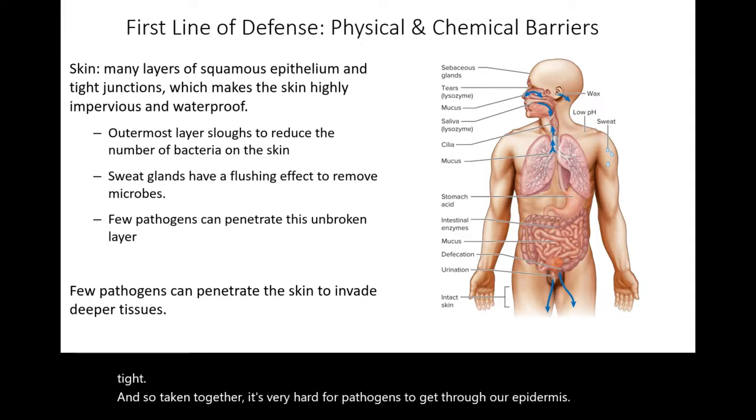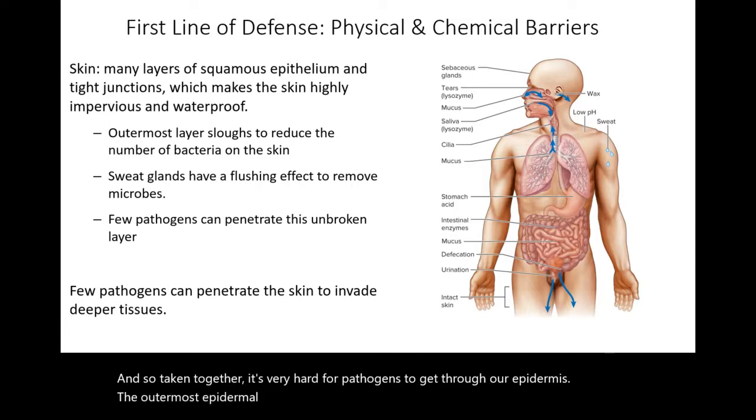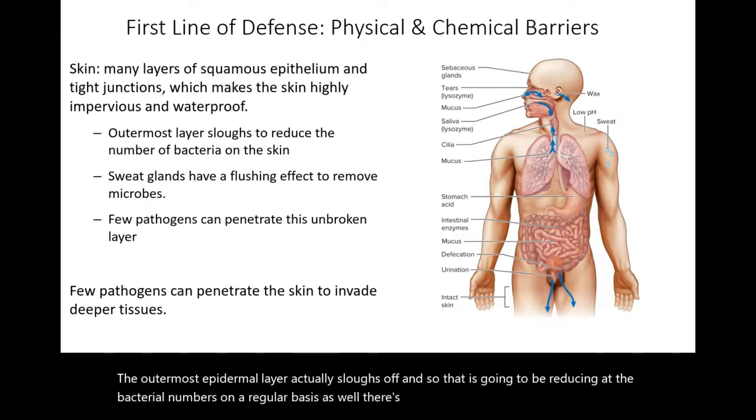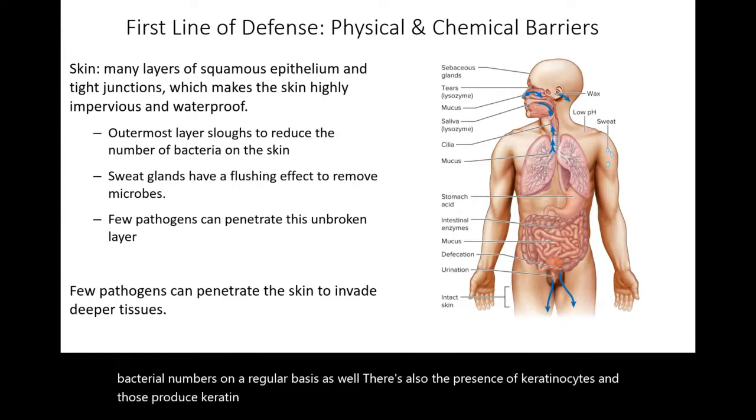The outermost epidermal layer sloughs off, reducing bacterial numbers on a regular basis as well. There's also the presence of keratinocytes, which produce keratin, a waterproofing protein that makes skin dry and very inhospitable to pathogens.